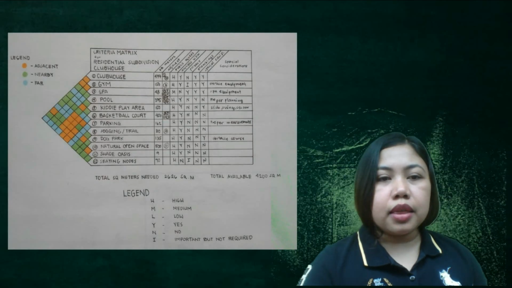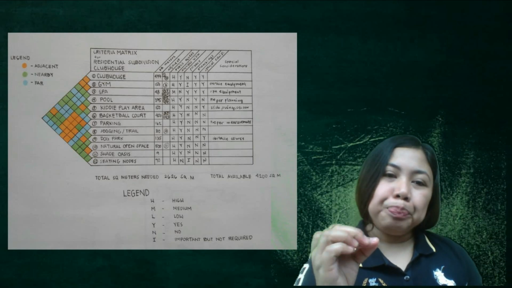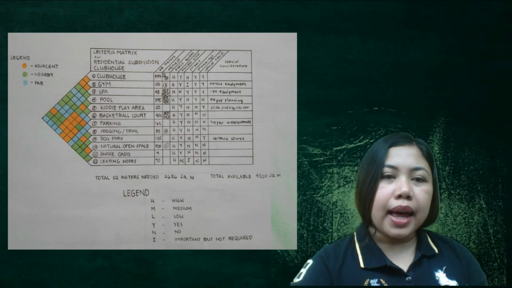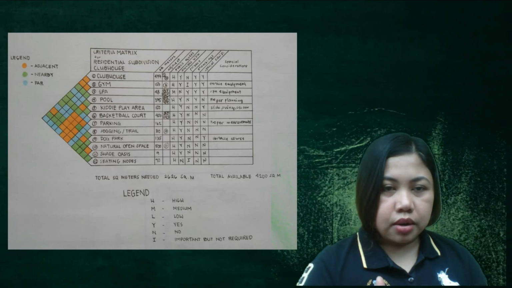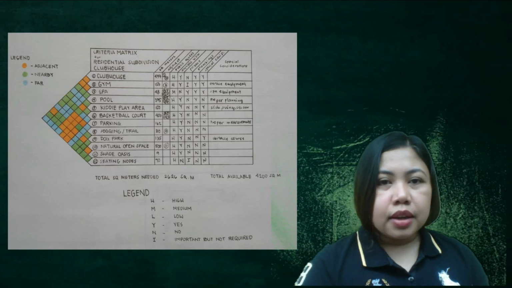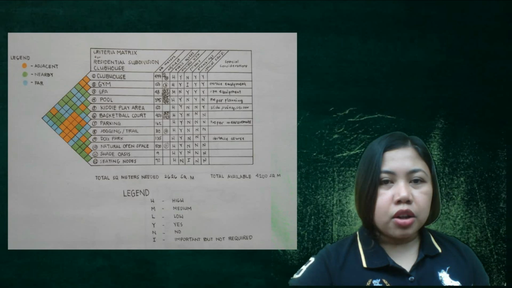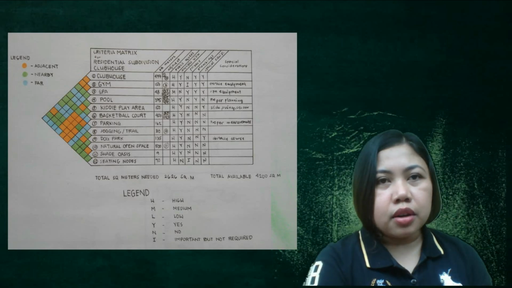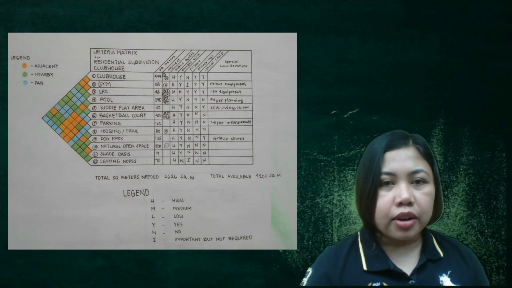Because in this stage, you will create this matrix, and then you analyze the adjacency of each space. Is it in the public or private areas?